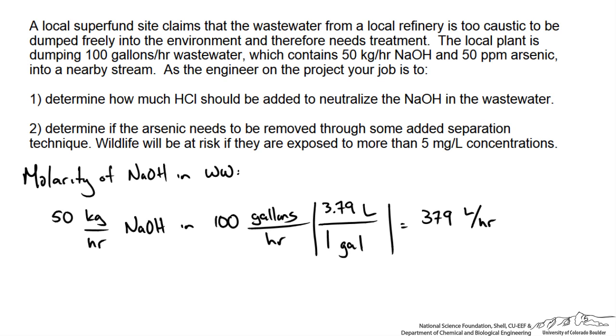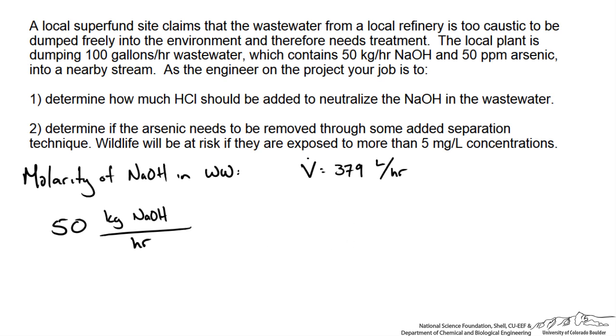We need to figure out the amount of moles of NaOH we have within that fluid. Now we could use the conversion factor of molecular weight to go between mass and moles. So the molecular weight of NaOH is 40 grams per mole. I'll write the molecular weight of HCl up here as well, since we'll likely need that later, and that's 36.5 grams per mole.